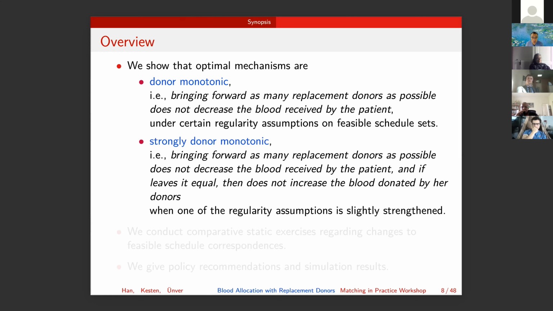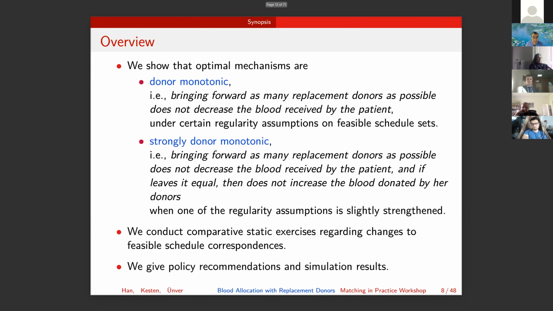And also we prove that they are strongly donor monotonic, meaning that bringing forward as many replacement donors as possible does not decrease the blood received by the patient, and if it leaves it equal, does not increase the blood donated by her donors, when one of the regularity assumptions is slightly strengthened that I mentioned above.